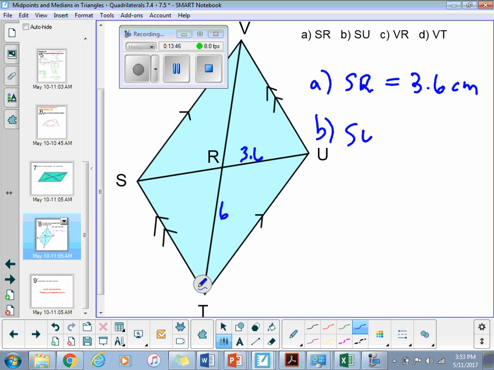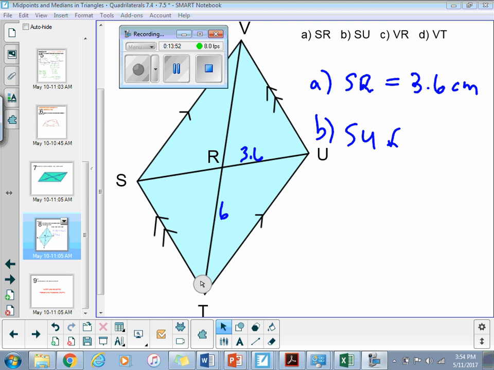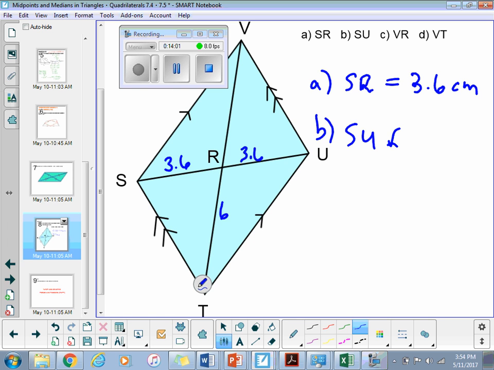The line SU, okay, let's try this again. The line SU, well, we know that this is 3.6, okay? So SU would have to be 2 times that 3.6, right? Which gives us 7.2 centimeters.